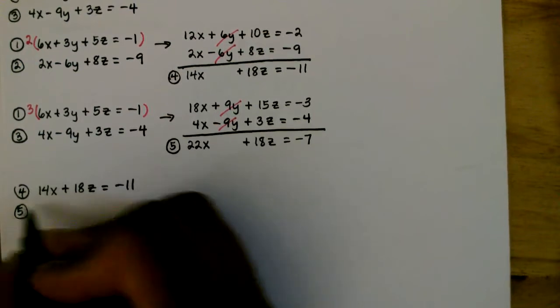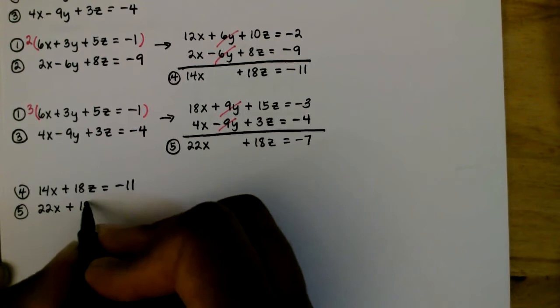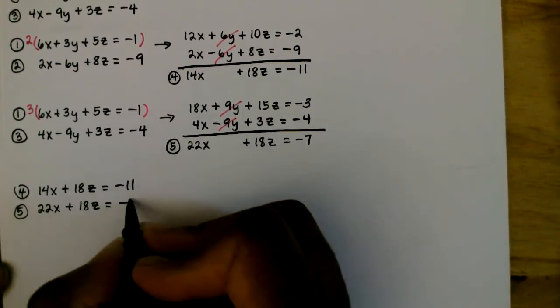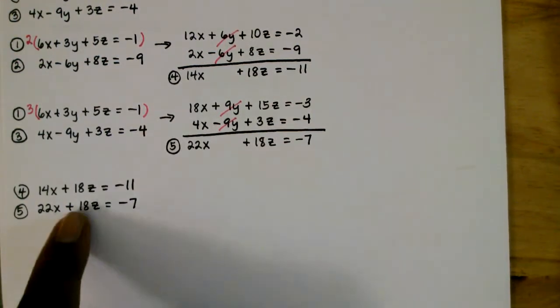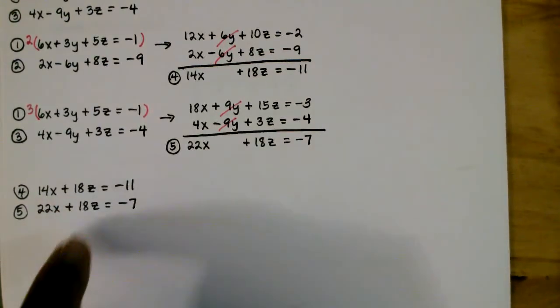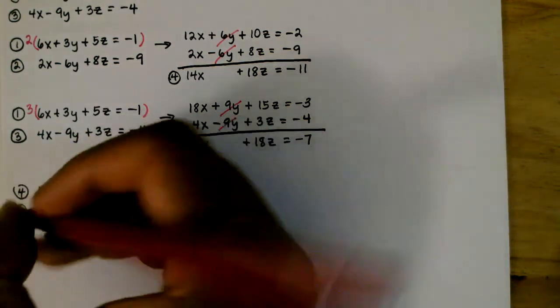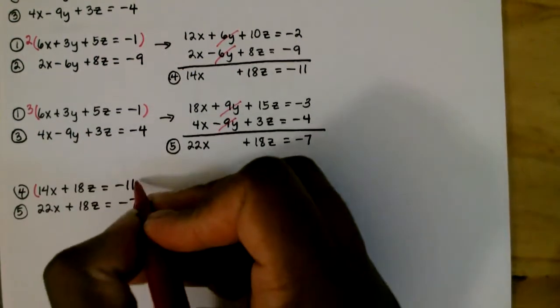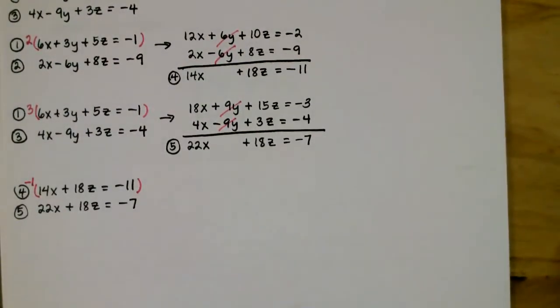Equation 5, I came up with 22x plus 18z equals -7. Well, this is going to be quite easy because notice I got 18z and 18z, but one of them needs to be a plus, the other one has to be a minus. So what I will do here, and it doesn't matter which one you use, I'm going to use equation 4 and multiply equation 4 by -1.